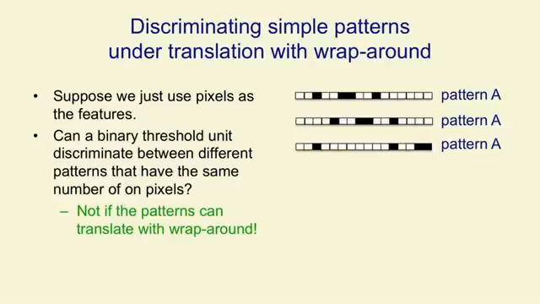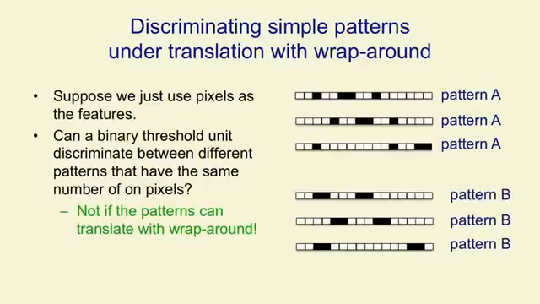So the third example is the same pattern that's been translated with some wraparound. And pattern B also has 4 pixels, but in a different arrangement. And the third example of pattern B has been translated with wraparound, so that's still an example of pattern B. And for 2 sets of patterns like that, a binary threshold unit cannot learn to discriminate them. And here's a proof.